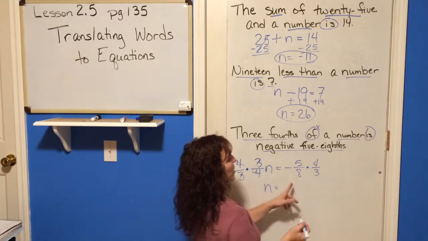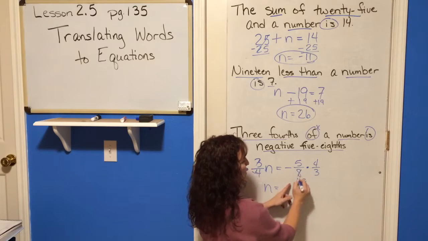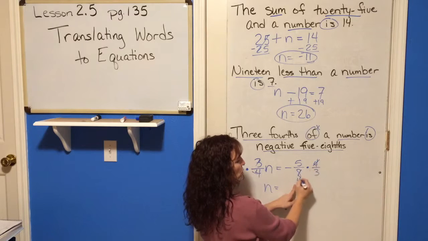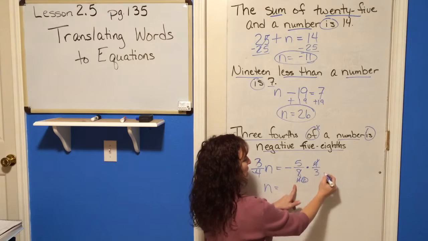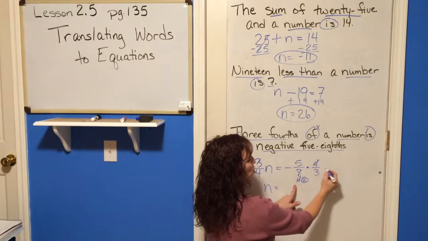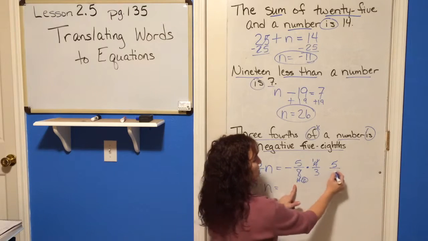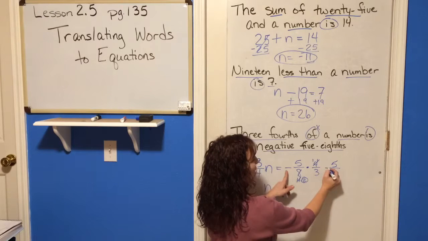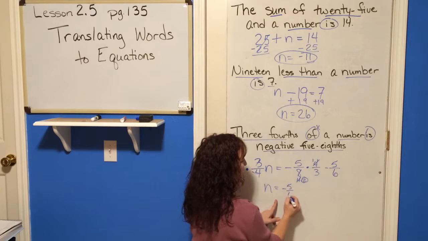So look for anything that will reduce. 8 is 4 times 2, so you can reduce the 4s and just have 2 left. So when you multiply straight across now, 5 times 1 is 5, and 2 times 3 is 6. And don't forget you've got a negative sign. So n equals negative 5/6.